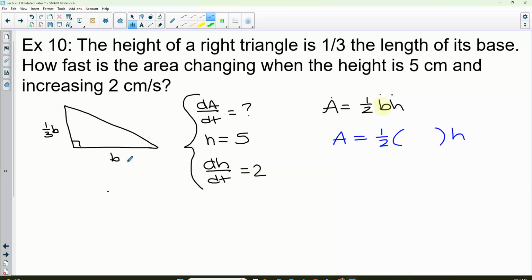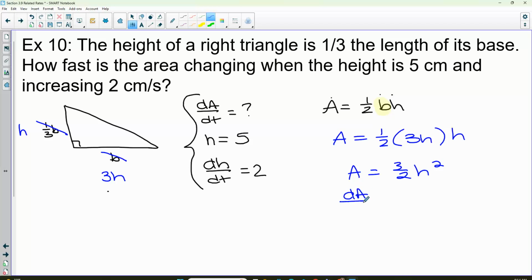Now that's not how I have my triangle set up. I have my triangle set up to not use h, right? But if I wanted to call this h, I know that the height is 1/3 the base. What would I call this? 3h. That's 3 times as long. So I had to switch that around just because the rate I was given was about the height, so I needed my variable to be my height. So I'm going to call my base 3 times the height. So A is 3 over 2 h squared.